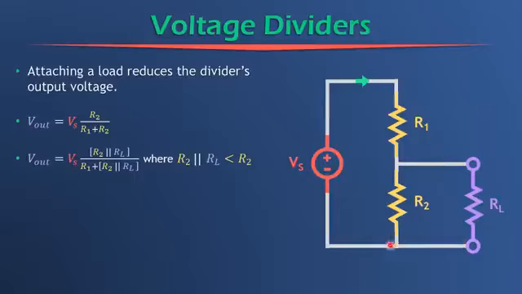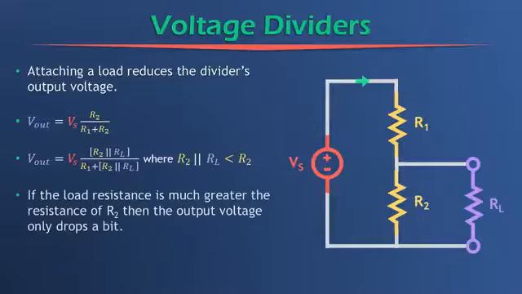So the equivalent resistance is going to be less because now there is another path for current to travel through. Alright, so if the equivalent resistance up here is less than the original R2, that means that this voltage output is going to be less than the original voltage output.